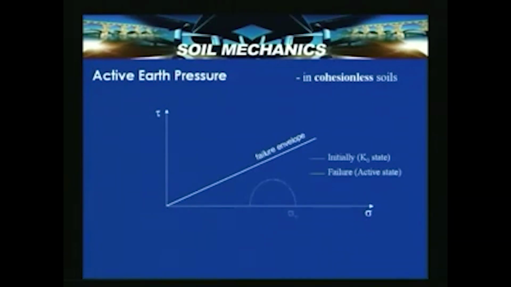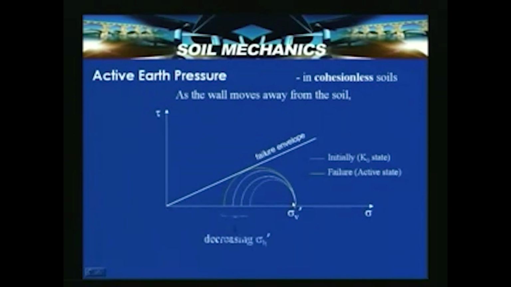Now let us represent this active earth pressure condition in tau sigma space with the Mohr circle. As the wall moves away from the soil, initially this is called the K naught state, that is the coefficient of earth pressure at rest.